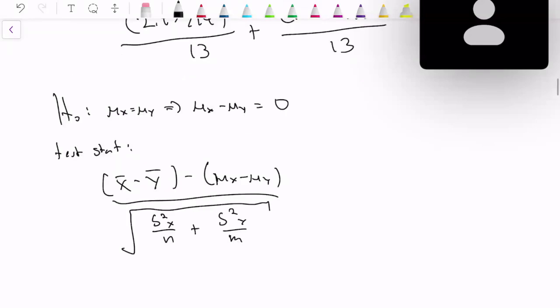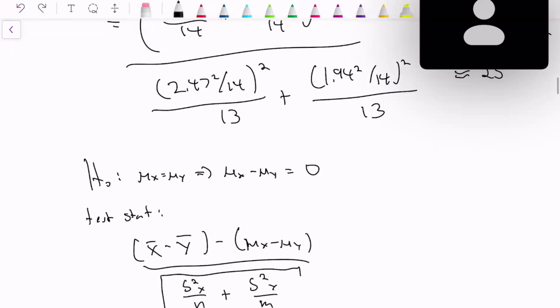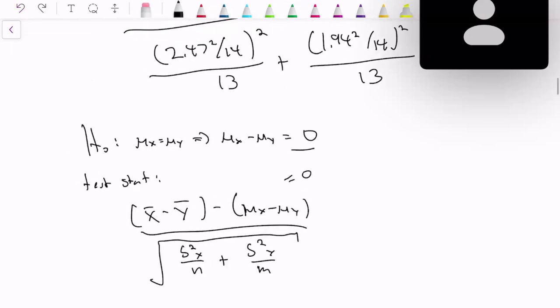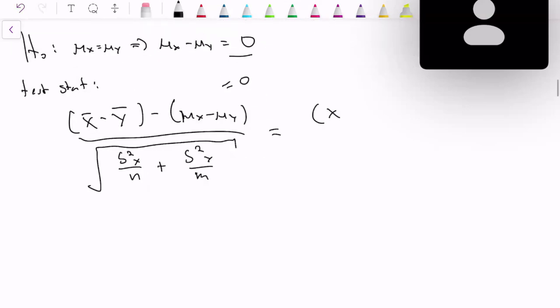Now, under the null hypothesis, mu x minus mu y is equal to 0. So you'll get x bar minus y bar over the square root of s squared x over n plus s squared y over m.